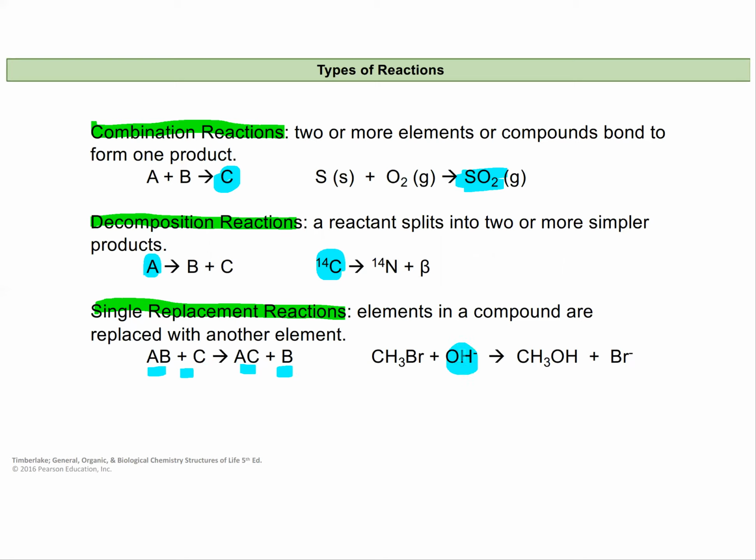So our hydroxide ion in this example will replace the bromine in methyl bromide, and then that bromine will become an anion separate from the methyl group, and then our methyl will combine with the hydroxide. And so these basically just swap. So these are types of reactions that you might see.